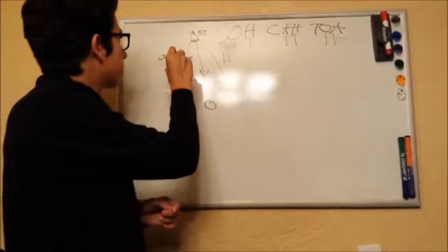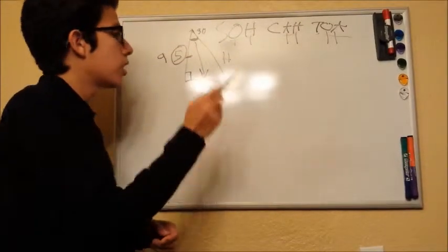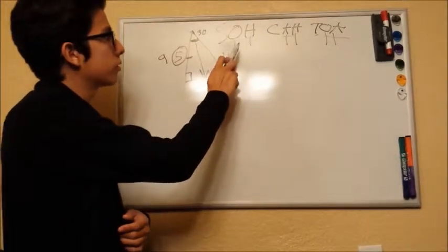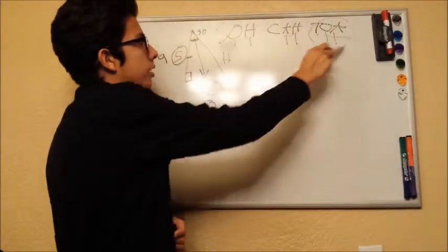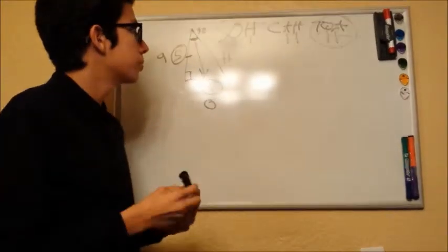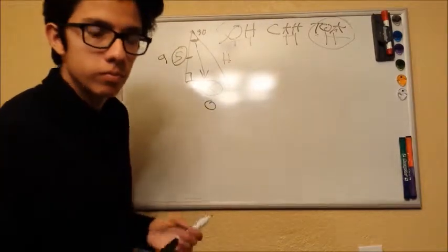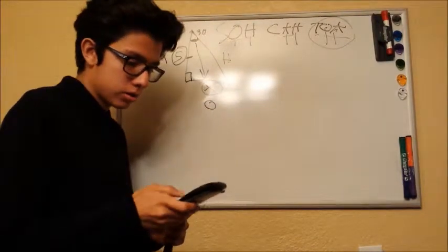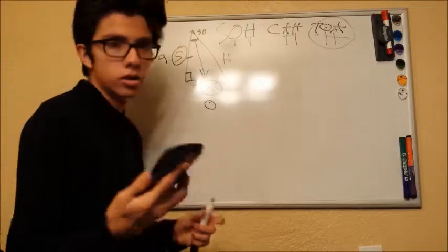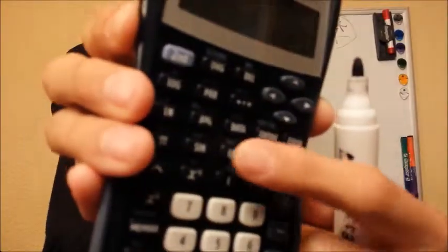And if you have this adjacent, and you want to find this opposite, what you're going to have to use is TOA right here, because it has opposite and adjacent. So what you would do is get your calculator, and you would press that cosine button right there.